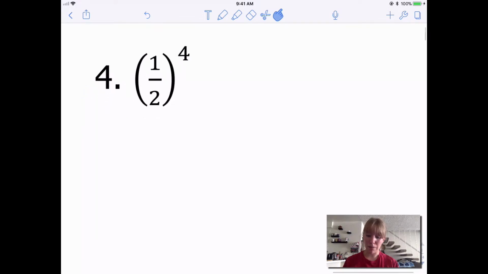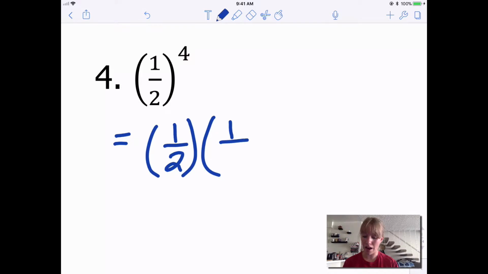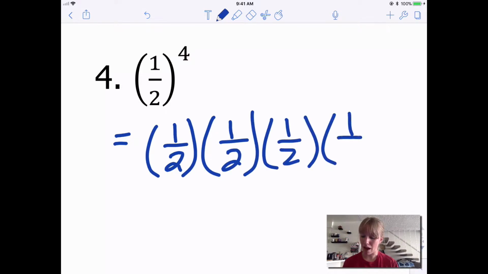And my last problem. Now I've got 1/2 to the 4th. Well, 1/2 is what I call my base. So this is going to be 1/2 times itself 4 times. So 1/2 times 1/2 times 1/2 times 1/2. If you are not remembering your fractions, to multiply 2 fractions, we need to multiply across the top and multiply across the bottom.